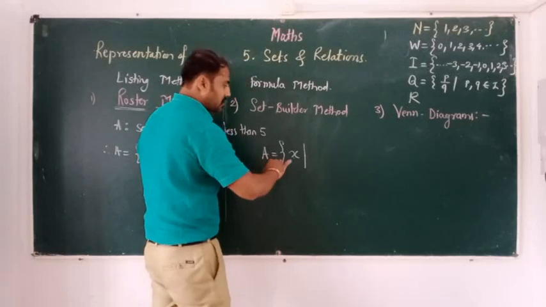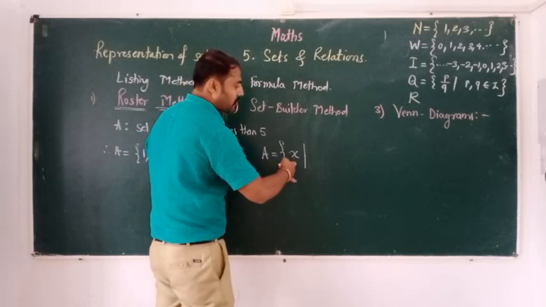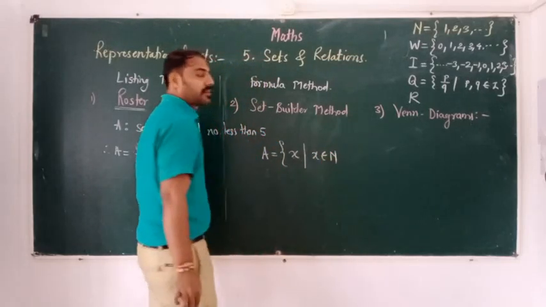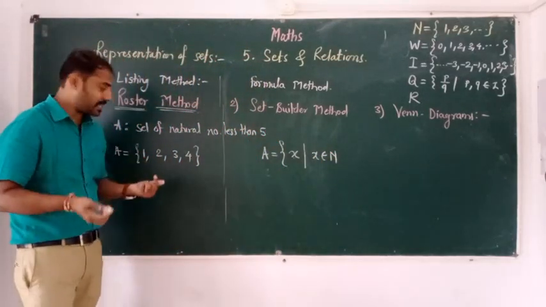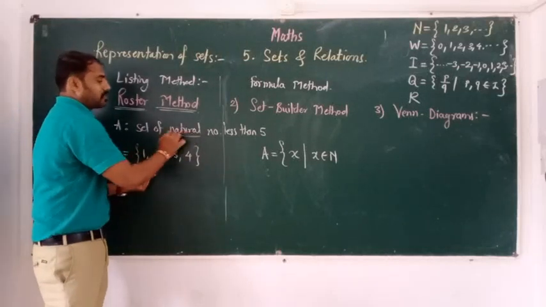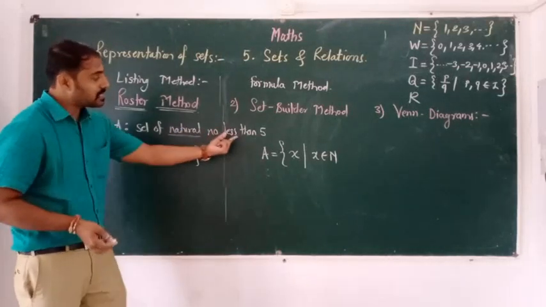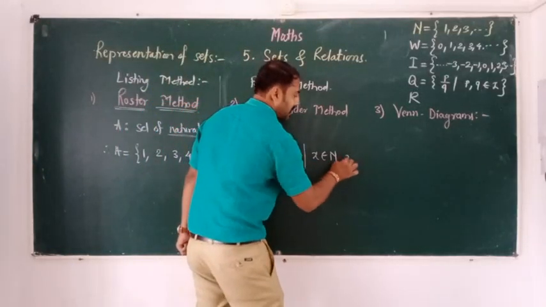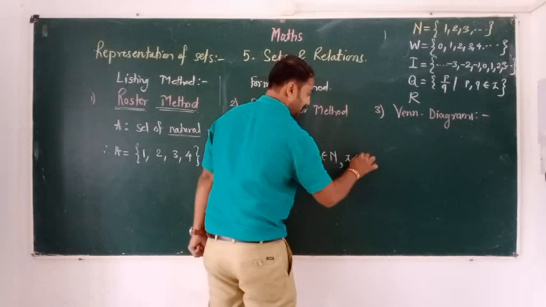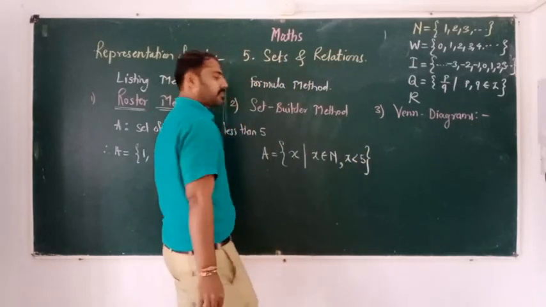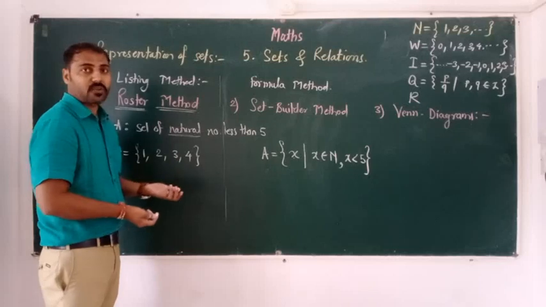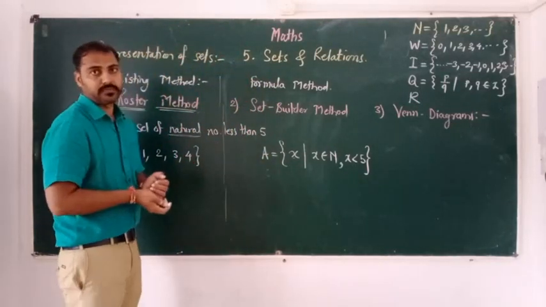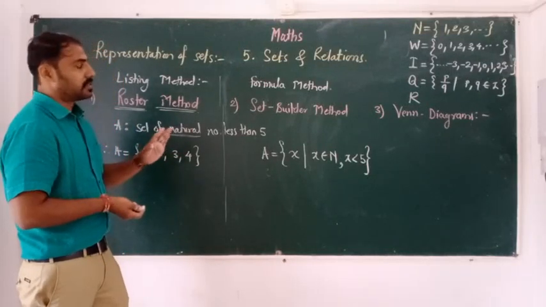Set A is the set of all elements x such that x belongs to natural numbers. All x are natural numbers. Here all the numbers are natural numbers, but these numbers are less than 5. So I can put a condition here: such that x is less than 5. Alright, we can also write here x is less than or equal to 4, which is also correct.